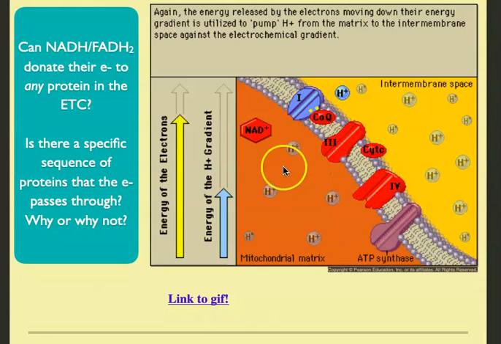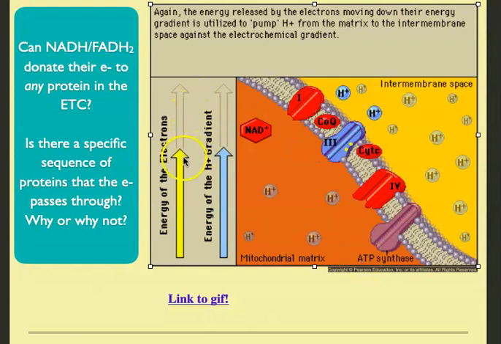That idea is shown here in this nice little GIF, which I have a link to. And this shows the electron moving from complex 1 down the electron transport chain. And it shows that the energy of the electron goes down as it moves to subsequent complexes.